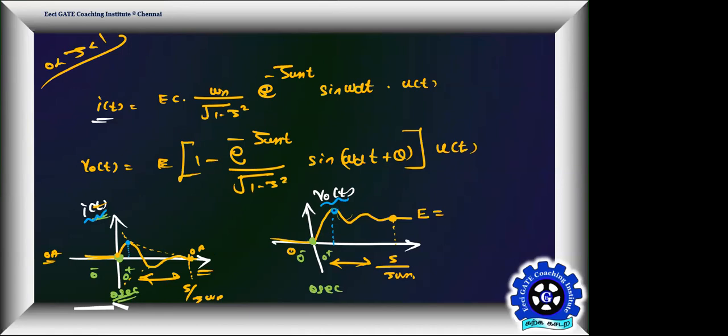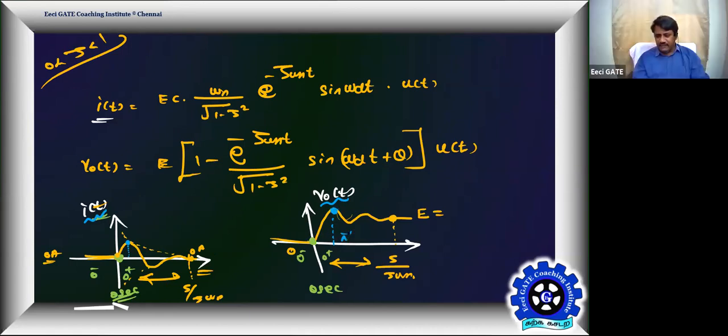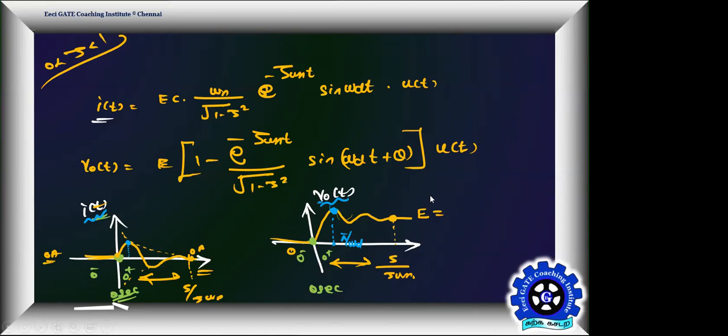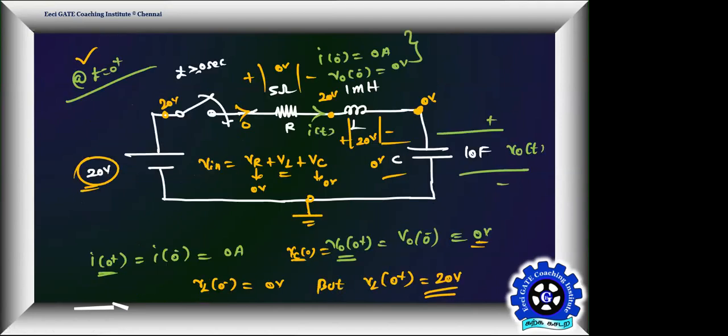Again, in that case, you can play with pi by omega d. That's a peak time. Here, it's not the peak time. Okay, it's a peak time for the current, but that is not the peak time of this second order response. We can't use pi by omega d for the current. Maybe you can use pi by omega d for this, so that will be the maximum voltage across your capacitor. All of you getting? Yes, sir. Following, right?